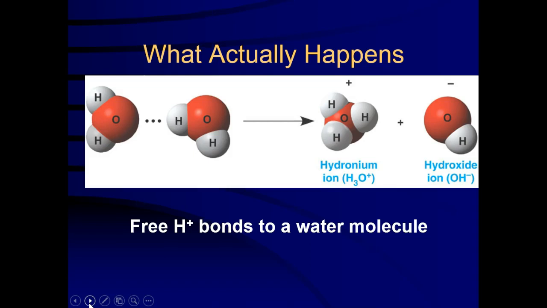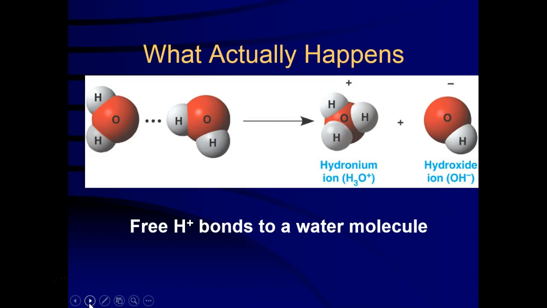Now, in chemistry, those hydrogen ions don't stay single very long. In real life, they go off and bond to another water molecule and form an ion that has 3 hydrogens to it. And this is called a hydronium ion. And as you can see, it's H3O, that has a positive charge.